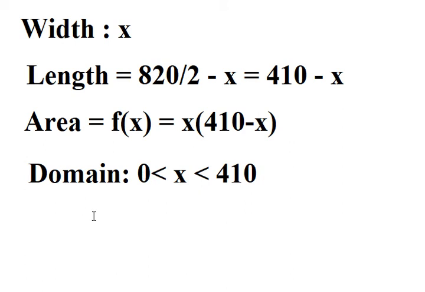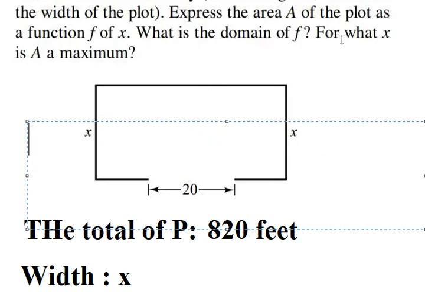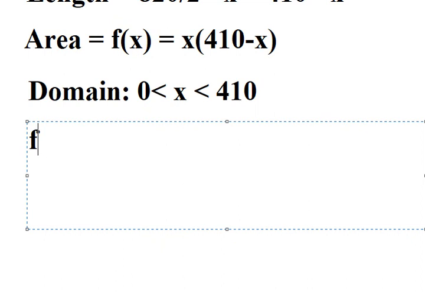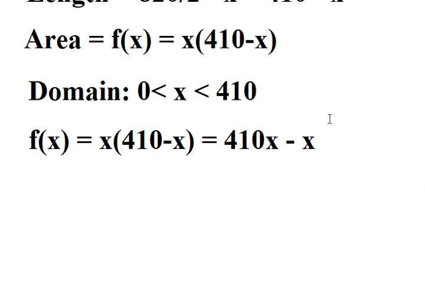And this is the domain in here. Now the last one, we need to find s to make sure that capital A is a maximum area. So we have the function in here, s multiplied by 410 minus s.